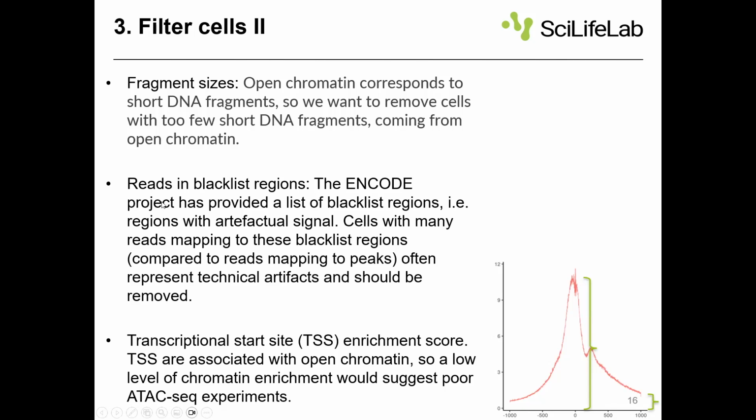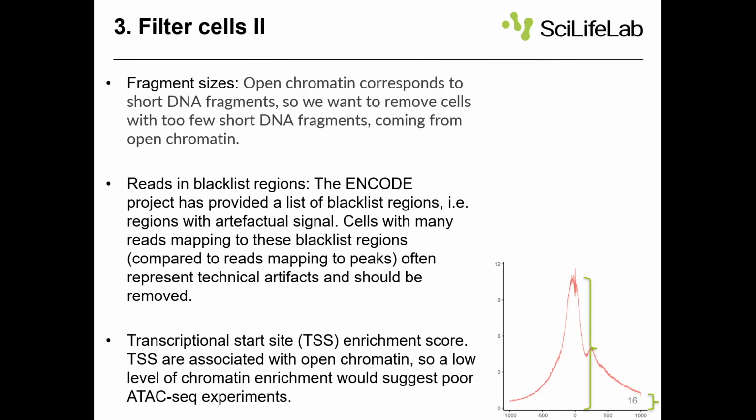And then there's something called blacklist regions. These are regions in the genome that have been defined empirically based on previous projects, for example, by the ENCODE consortium. So regions of the genome where this just doesn't work. You get a strong signal no matter what you do.